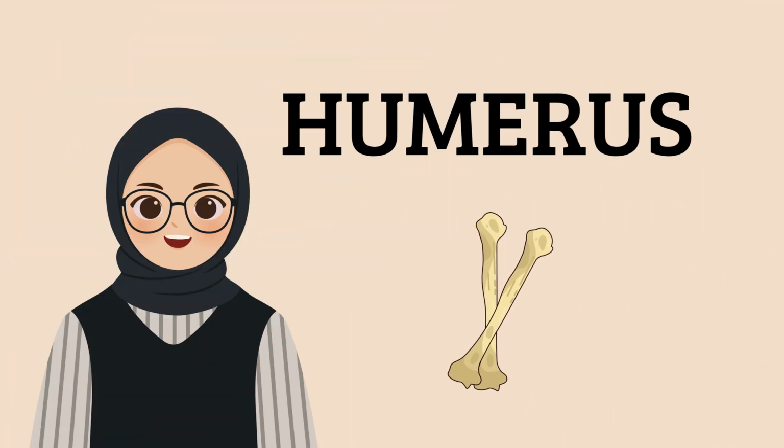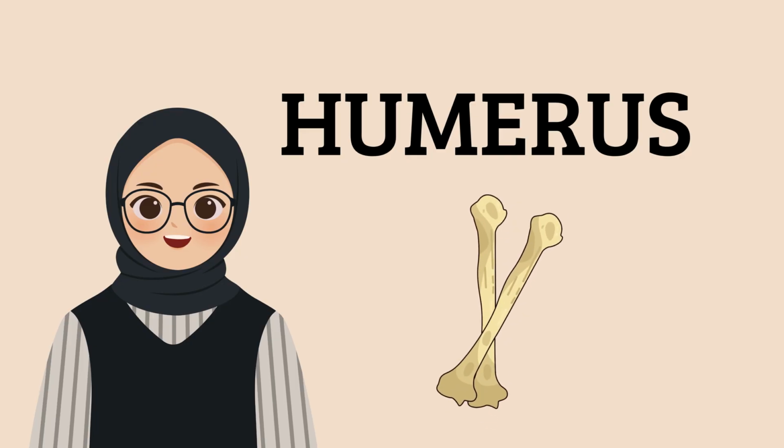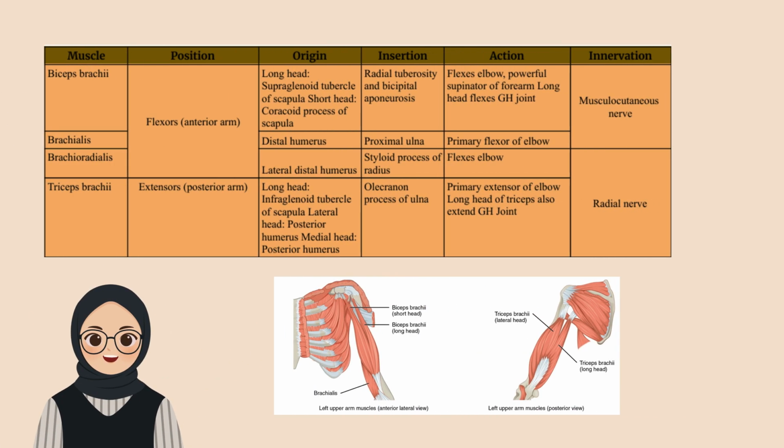Next, we will discuss the humerus. Biceps brachii muscle. The position of biceps brachii is flexor, anterior arm, and the origin of biceps brachii: long head is supraglenoid tubercle of scapula, short head is coracoid process of scapula.